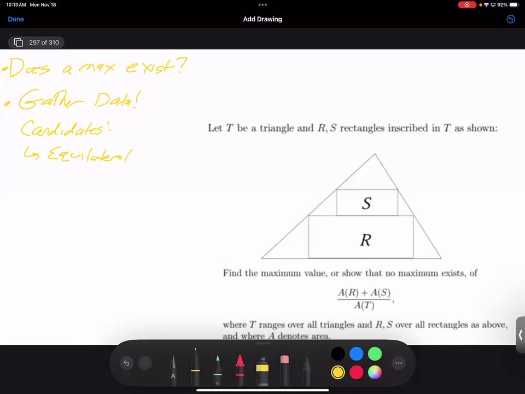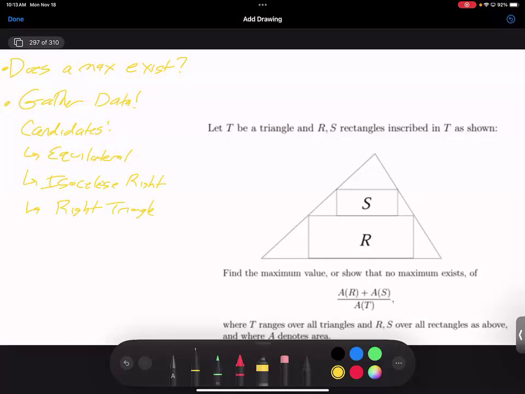What's another natural candidate? Okay, which right triangle? Okay, be more specific though. Isosceles right triangle, right? And then after that, just a generic right triangle.